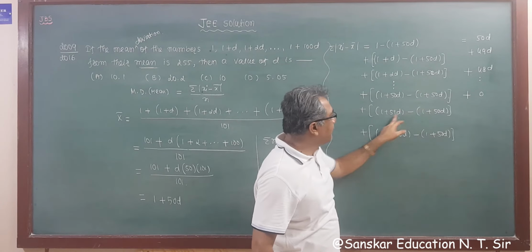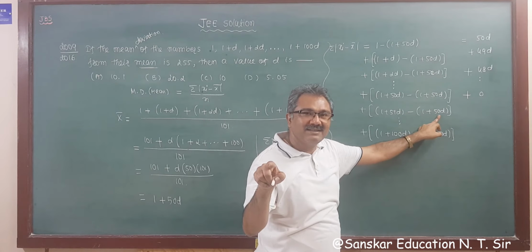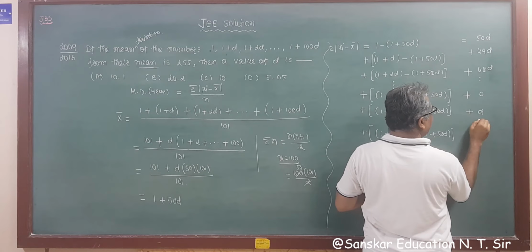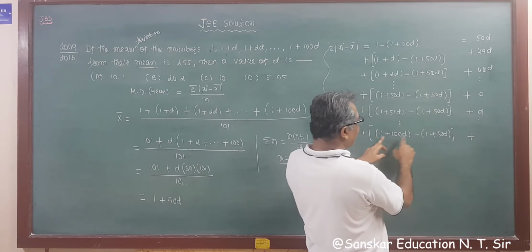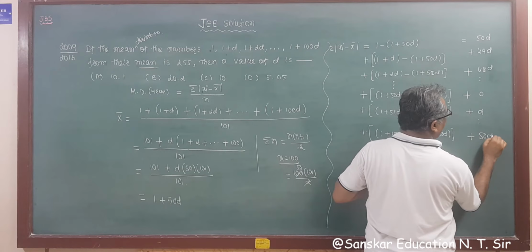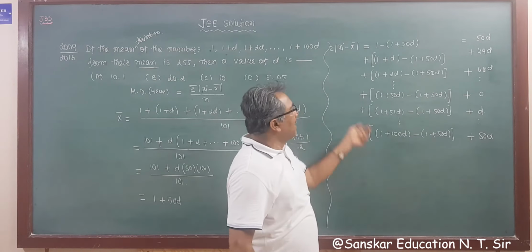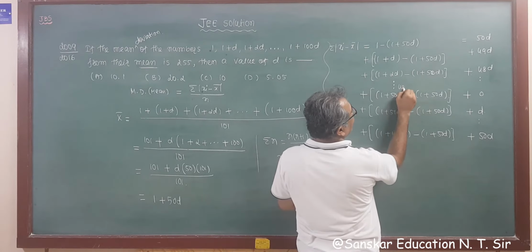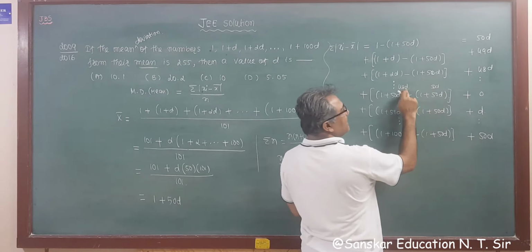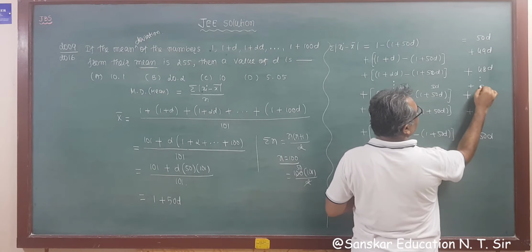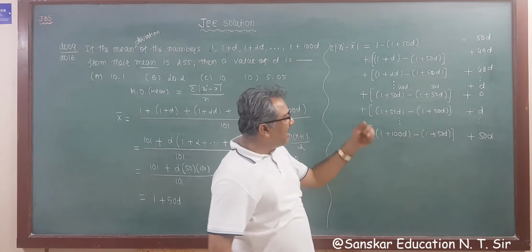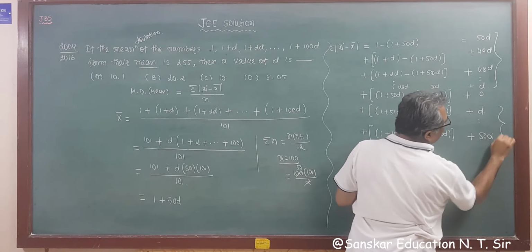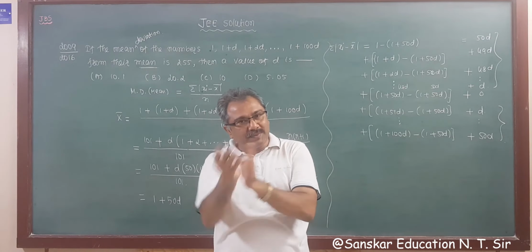Now again 51 minus 50d, that is plus d. Then continuing this way we get 50d. Before this we have 49d and here 50d, so minus d becomes plus d. That means we have two times the d to 50d sequence.